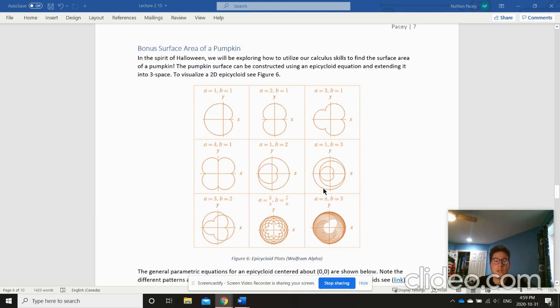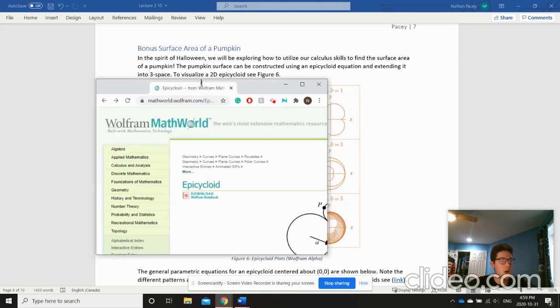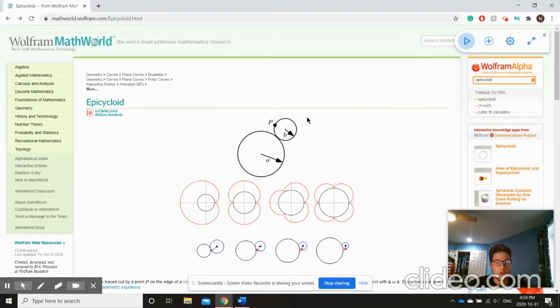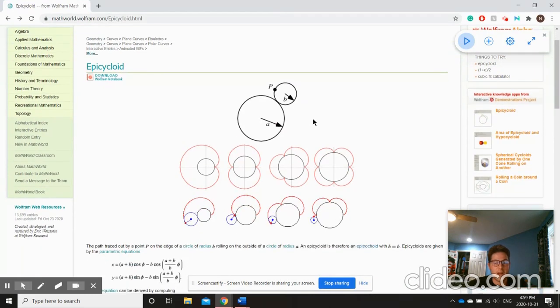So I'm going to be using an epicycloid and rotating it to create our three-dimensional pumpkin. For a little bit of a visual of what an epicycloid is, I brought in my favorite website, and you can see the rotation of a smaller circle around a bigger circle. And this describes the equation of an epicycloid.